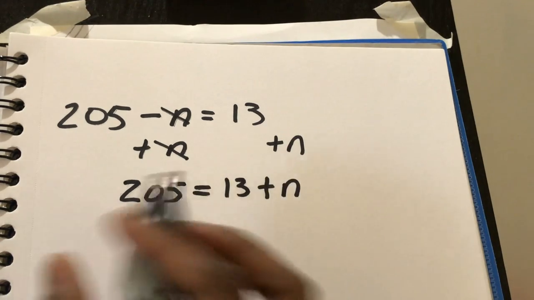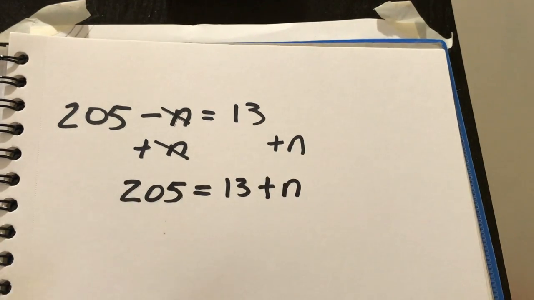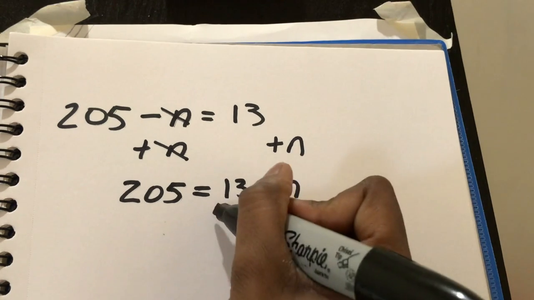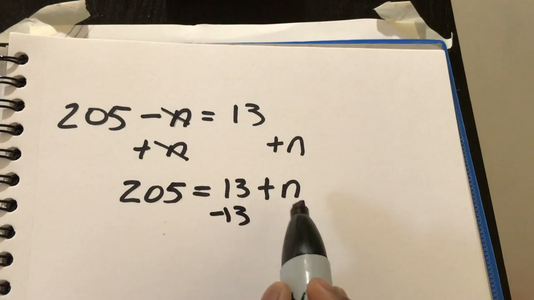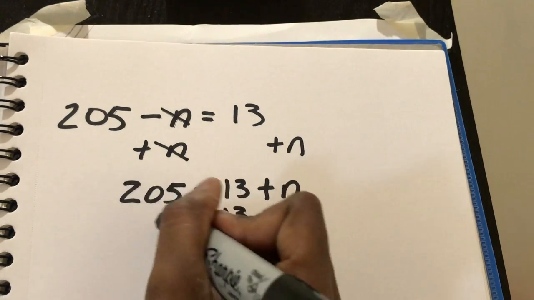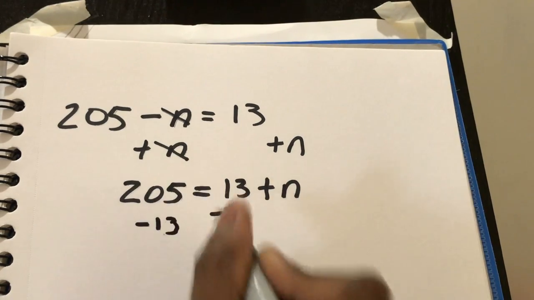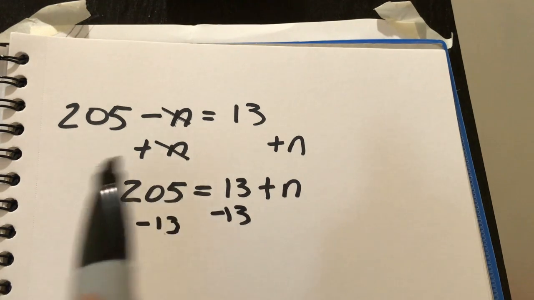It's going to end up where a number equals N, but we can always switch it so that N equals a certain number instead. So let's subtract 13 from this side so we get N by itself. And then you're going to do the same on this side. Whatever you do on one side, you have to do on the other.